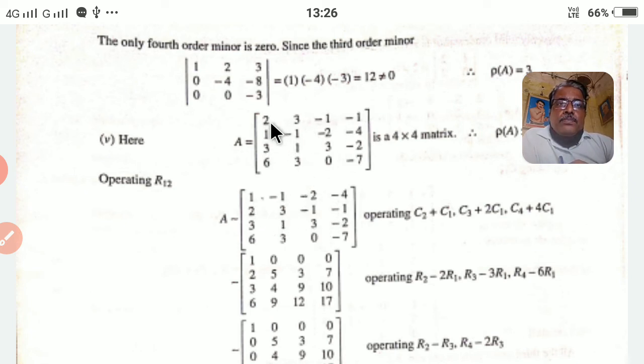Now C1 plus C2: 3 plus 2 gives 1, minus 1, minus 2, minus 4, then 2, 3, minus 1, minus 1, okay, then 3, 1, 3 minus 2, then 6, 3, 0, 7.